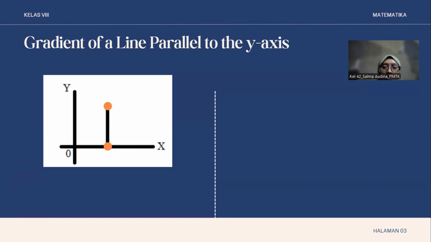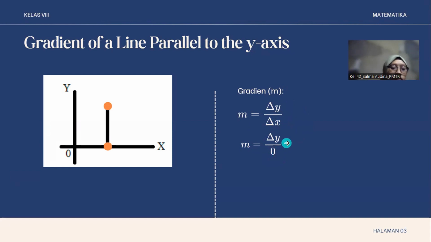Now, we can substitute the value of the horizontal distance into the basic formula of gradient. Gradient m equals delta y for vertical distance divided by delta x for horizontal distance. Horizontal distance is 0, so we write 0.